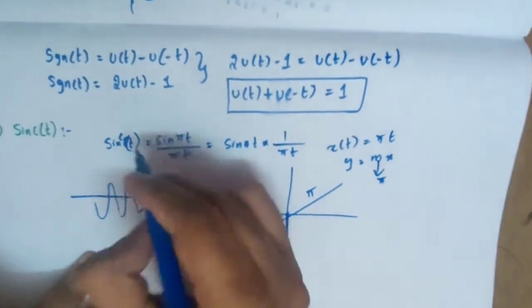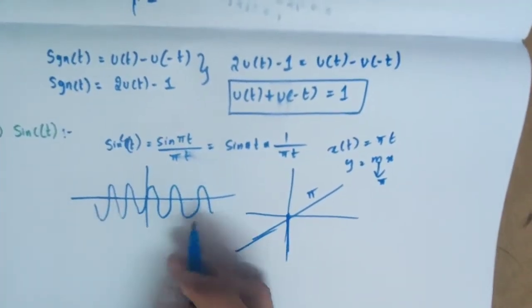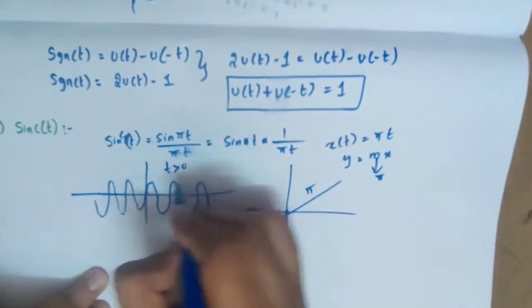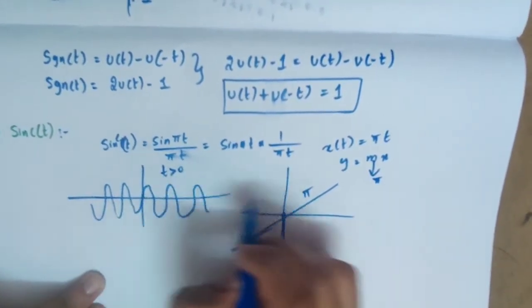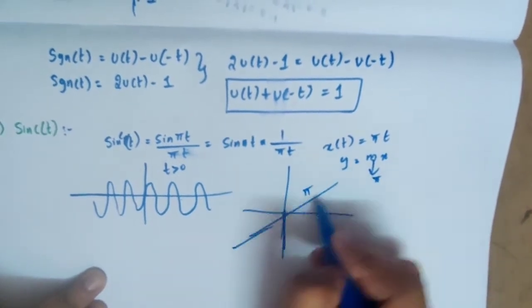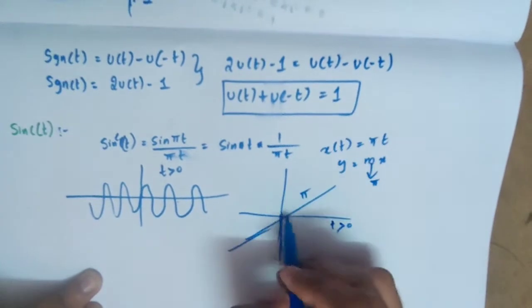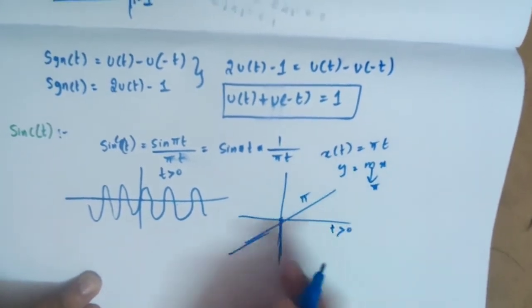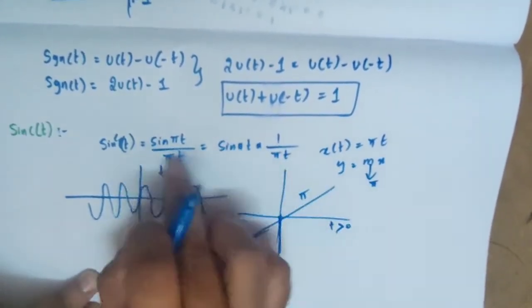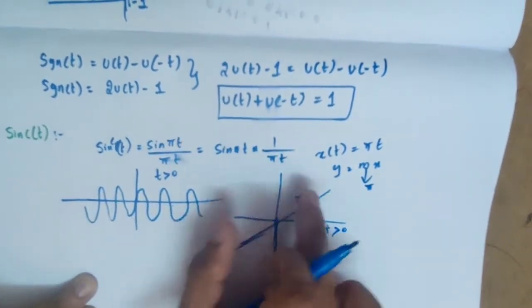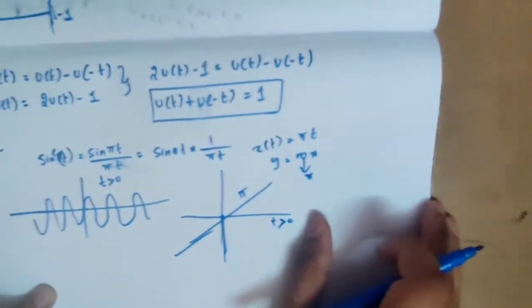So now here you have to observe carefully. For t greater than 0, this is the sinusoidal graph, and this is the increasing line for t greater than 0. The magnitude is continuously increasing. So when you divide a function with some increasing value, the overall value will decrease.